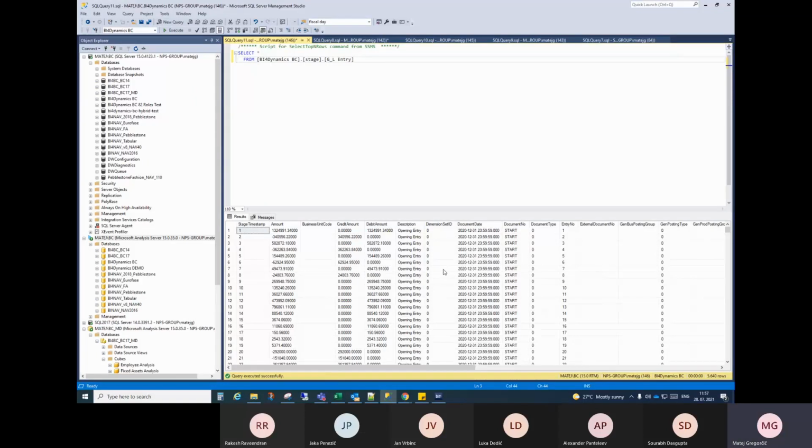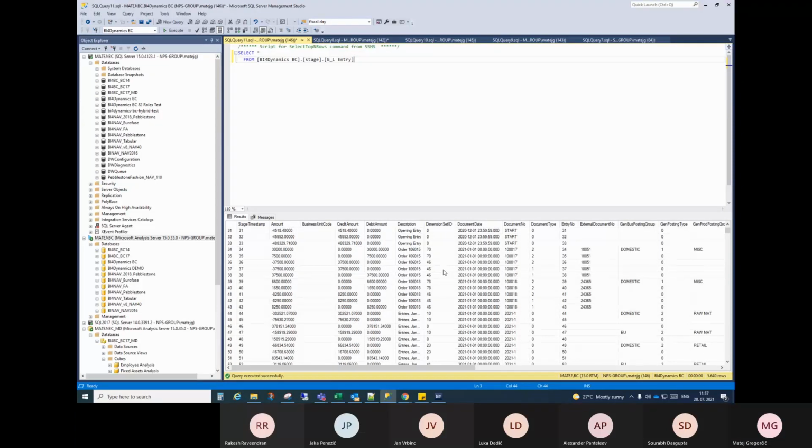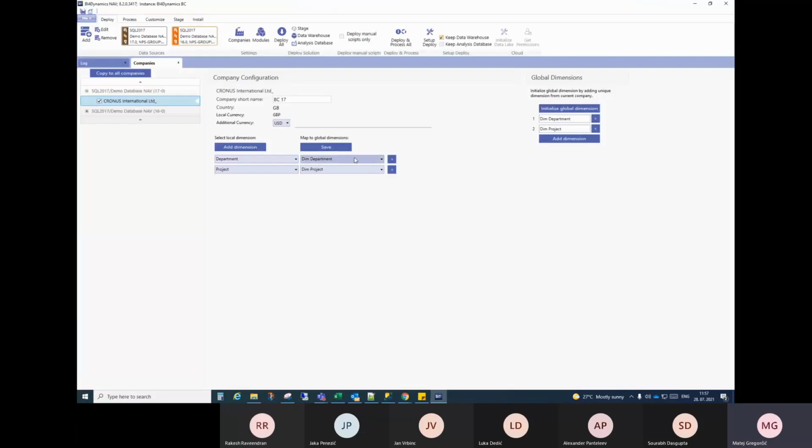So we have a field here that will tie a global dimension. And this is the dimension set ID that will tie it to the global dimension here.